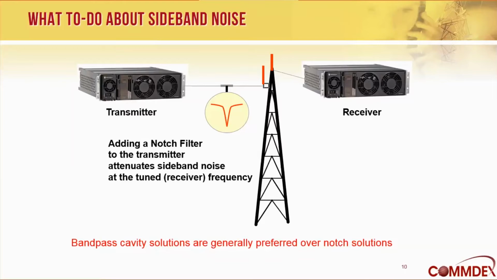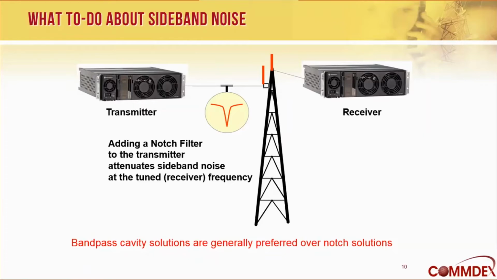So another thing you can do, if that's not an option, is to add a notch on the transmitter. Actually, you tune it to the receiver frequency, so it will notch out signals on the receive frequency.